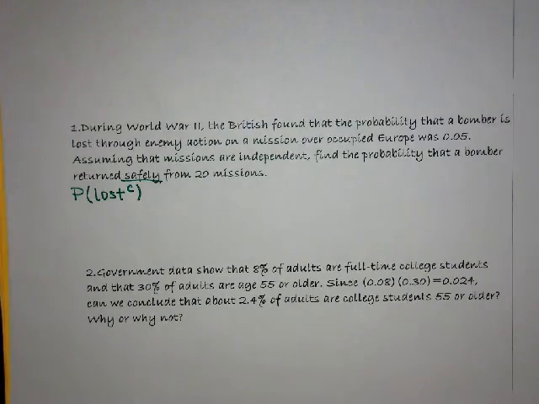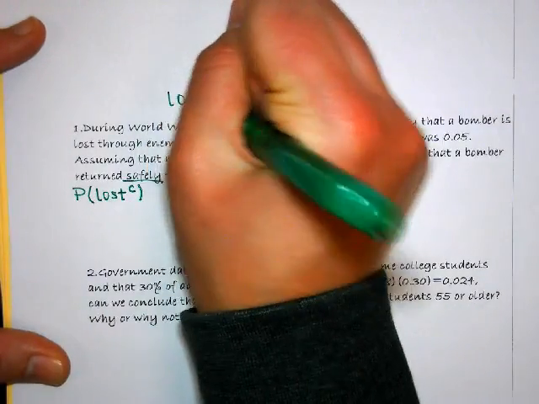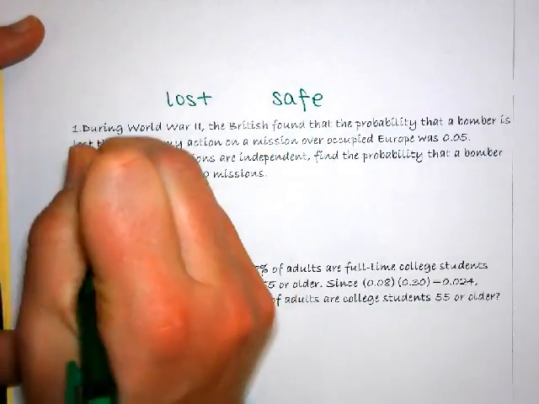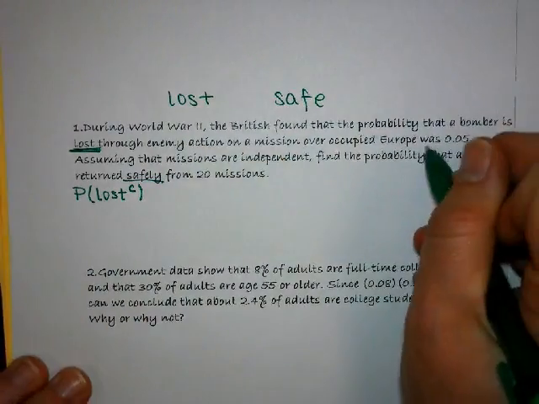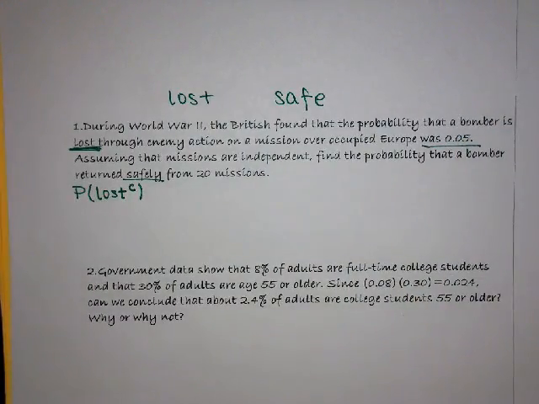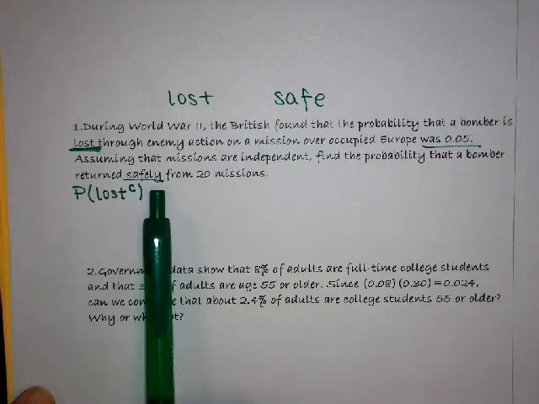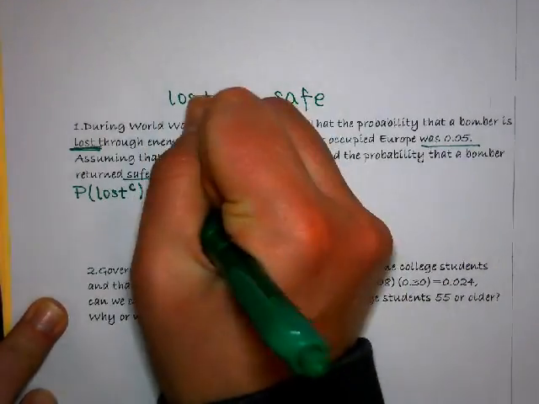Now the probability we're given is that they were lost. So the probability they get lost was 0.05. We want to find the probability that they return safely. So we would do 1 minus the probability they were lost, and this would give us the probability that they returned safely.